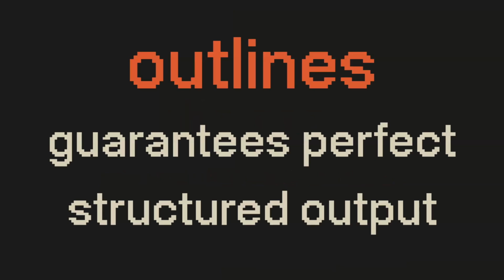Stefan just talked a little bit about Outlines, and the thing about Outlines and structured generation in general is that you always get perfect structured output every time. You can't get cases where you say, please output JSON or my grandmother will die, and then it forgets a colon or a bracket. You never get this. That's a promise.